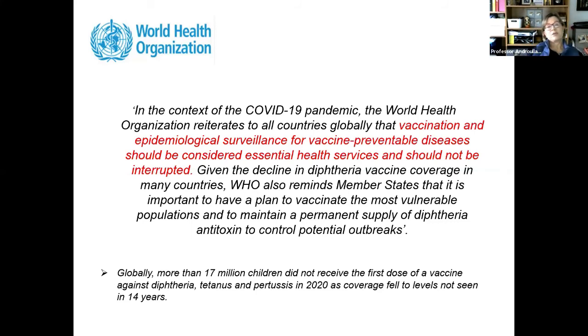Given the decline in diphtheria vaccine coverage in many countries, WHO also reminds member states that it is important to have a plan to vaccinate the most vulnerable populations and to maintain a permanent supply of diphtheria antitoxin to control potential outbreaks. And just to give you an idea, globally, more than 17 million children did not receive the first dose of DPT vaccine in 2020, as the coverage in fact fell to levels not seen in 14 years. So a real stark warning.